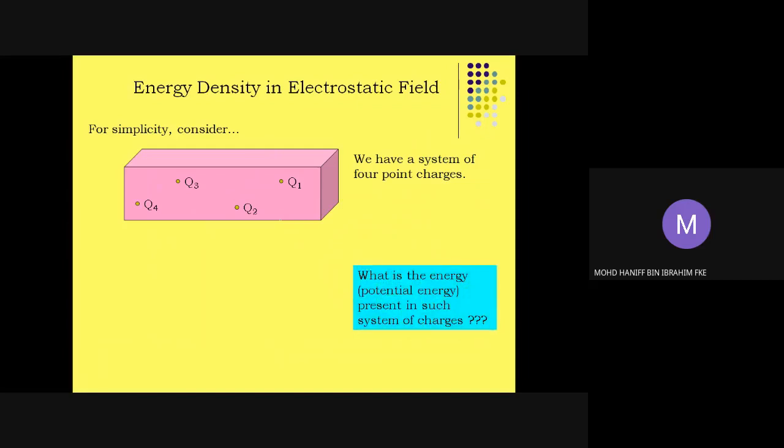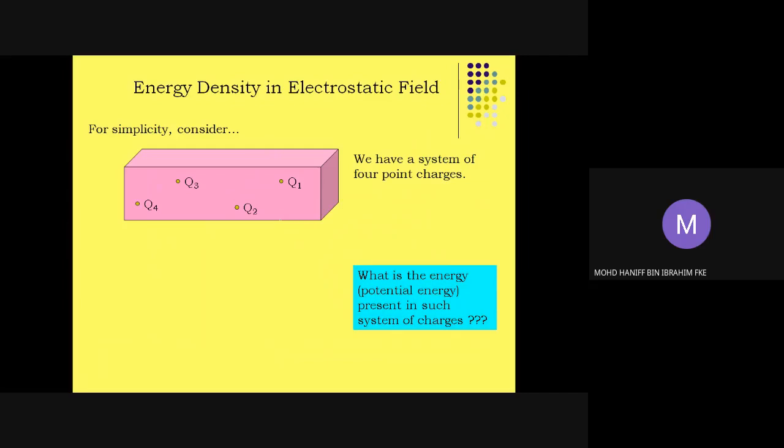Based on what we have understood earlier, we are going to obtain the amount of energy that is said to be conserved by this particular system of charges, which contains 4 point charges.